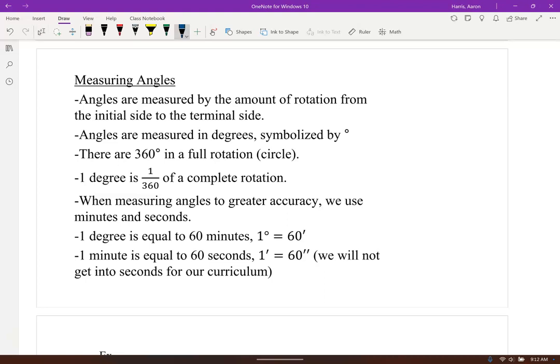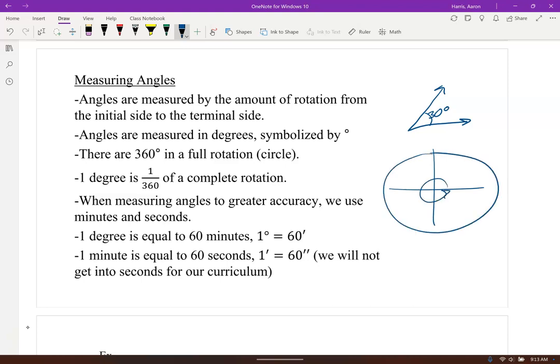When we're measuring angles, there's different ways to do that. A geometric angle is simply how many degrees there are between there and there. Let's say that's 30 degrees. All the way around an entire circle, a whole circle would be 360 degrees, right?